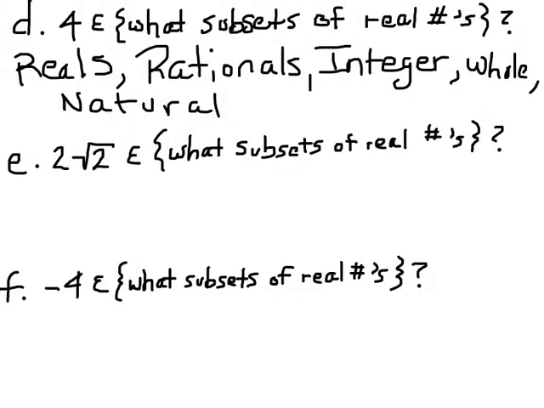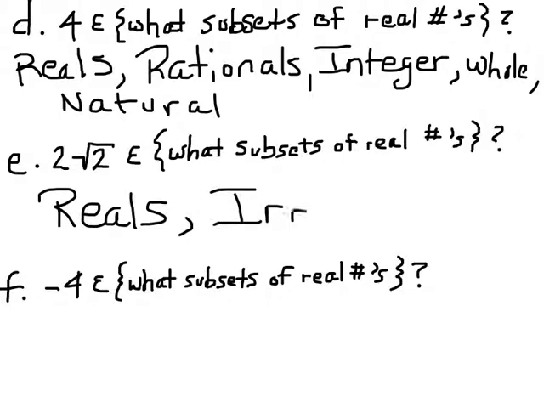All right, E, we have that little square root sign. So that is going to be, they're all going to be a member of the set of reals. But square root, we said, is an irrational. So irrationals. All right, and then F, -4.